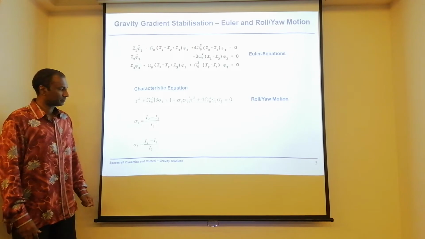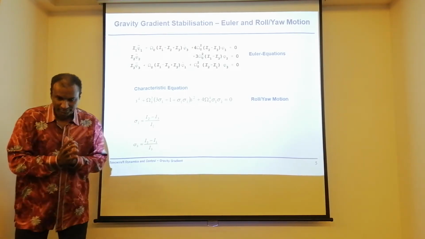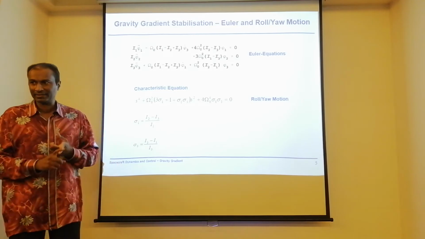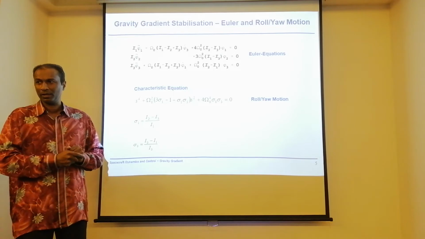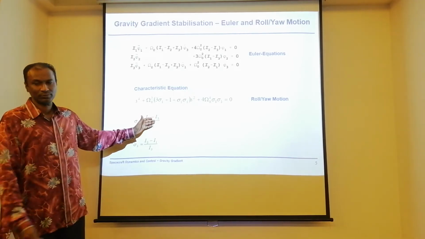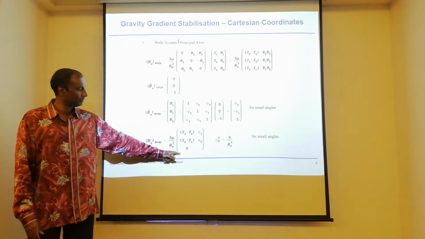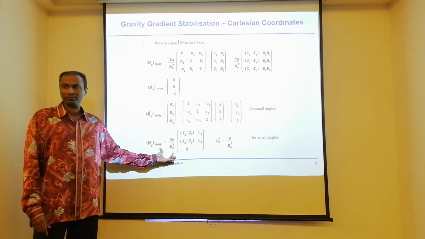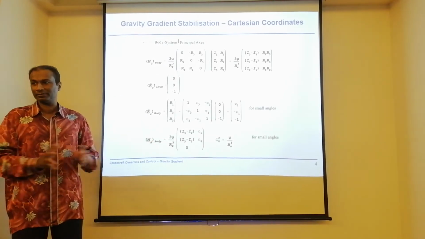Which one will be stable? When I have, let's say, a perfect sphere, that means Ixx, Iyy, Izz all equal. When all equal, what exactly happens? Please go to the equation. When all equal, what happens? It becomes totally zero. So from gravitational point of view, you are absolutely stable.